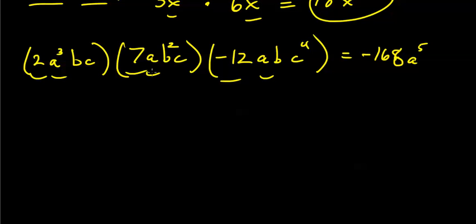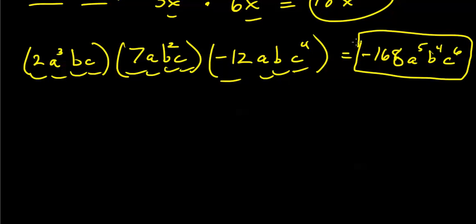What about powers of b? I can multiply a b times a b squared times a b. That'll give me b to the 4th power, 4 factors of b in my final expression. And factors of c, I have a c times a c times a c to the 4th power. That gives me 6 factors of c, or c to the 6th power, in my final return.